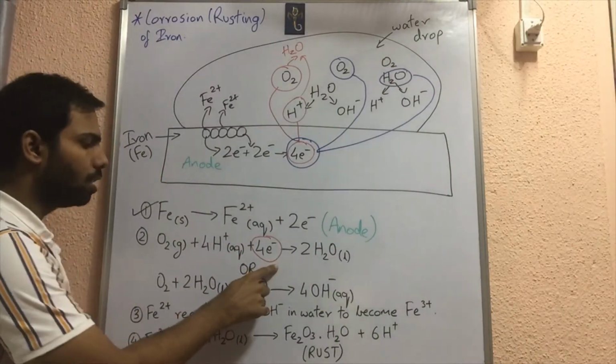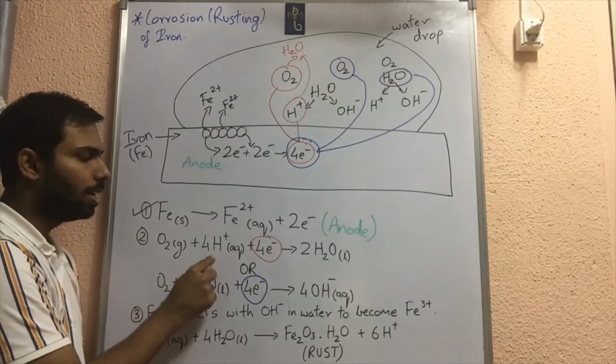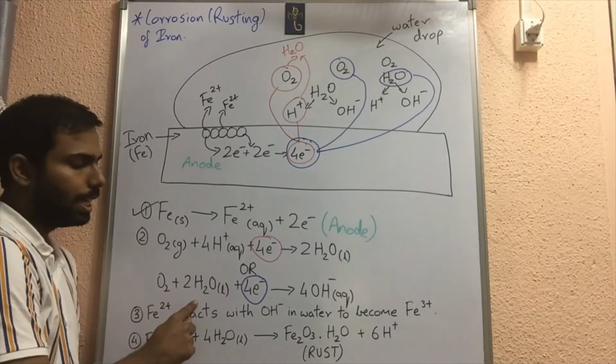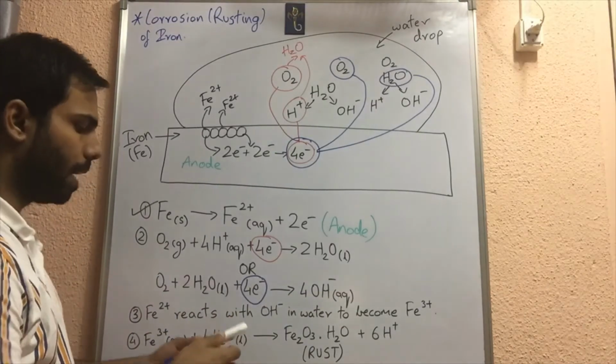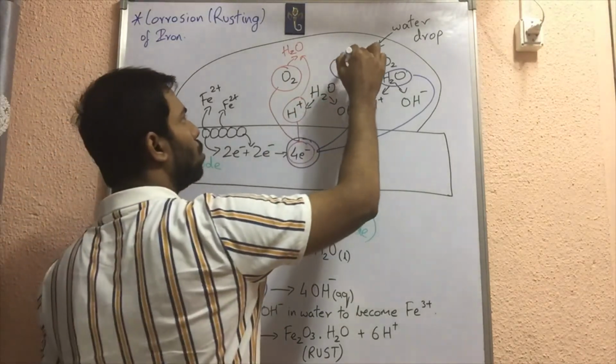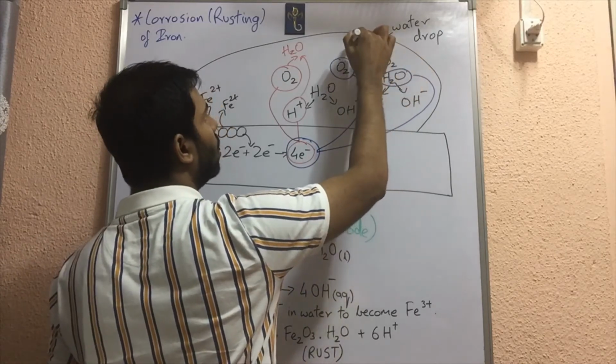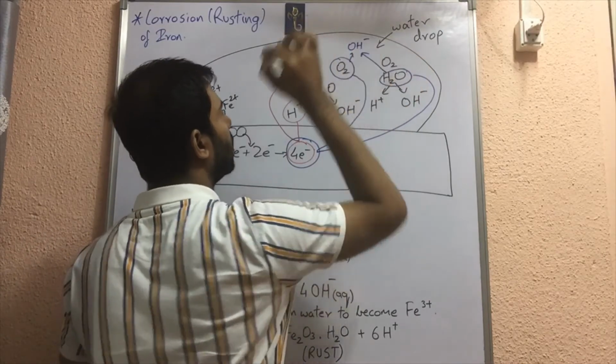So these 4 electrons can either combine with oxygen and H plus, or they can combine with oxygen and an H2O molecule directly. Then what you get is OH minus. Okay, so because of these two reactions you get OH minus.